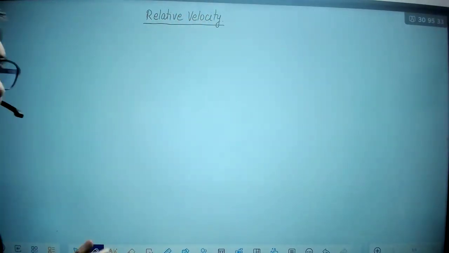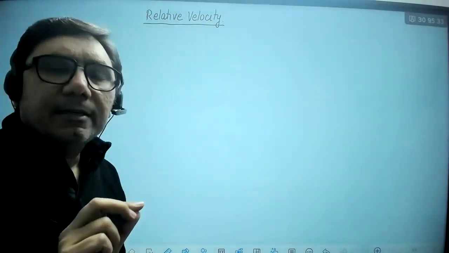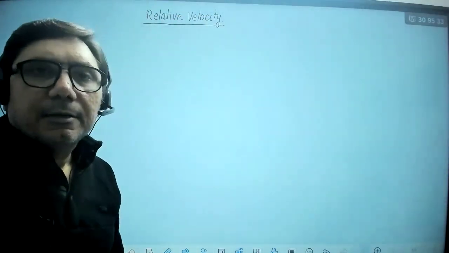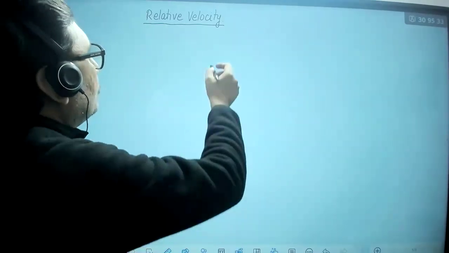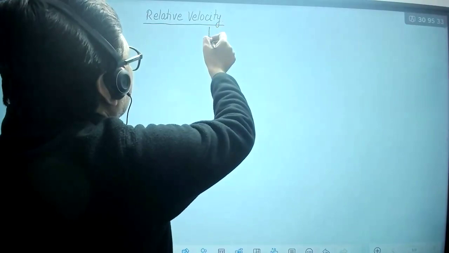Now, whenever you are dealing with relative motion or relative velocity, minimum three bodies should be there.